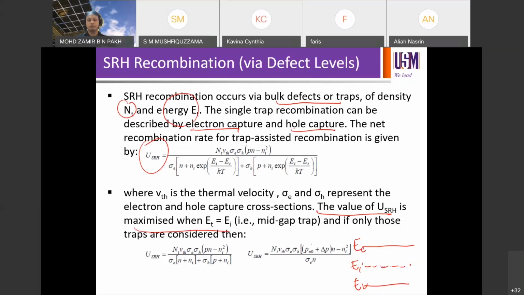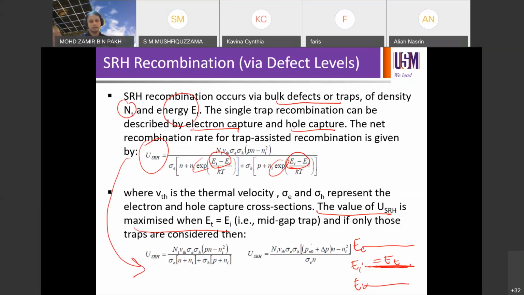If the energy level of the defect happens to be the same as EI, so ET equals EI, you can simplify this equation, because ET minus EI equals 0, since they are the same. So the exponential component is simplified, and this equation becomes the equation below.